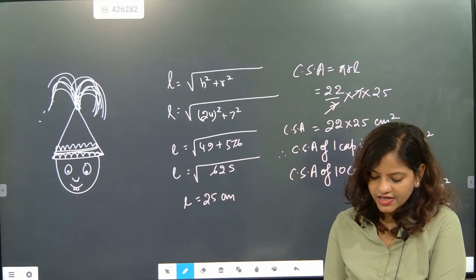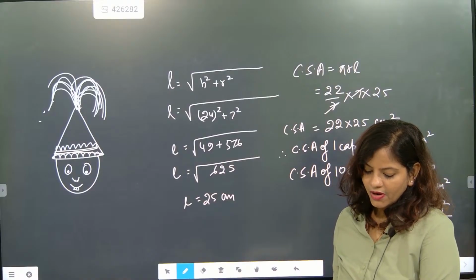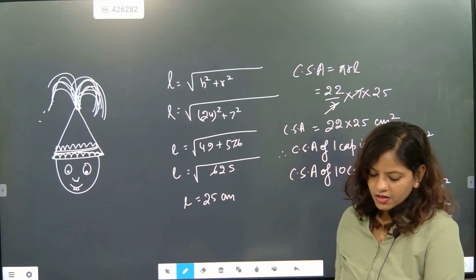One full exercise is going to be over. A bus stop is barricaded from the remaining part of a road by using 50 hollow conical cones.